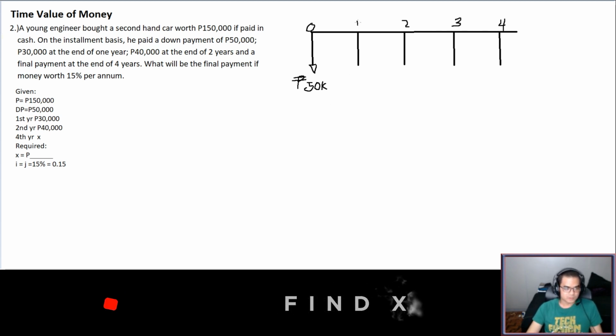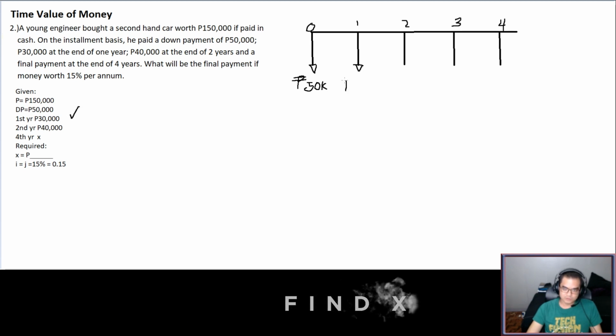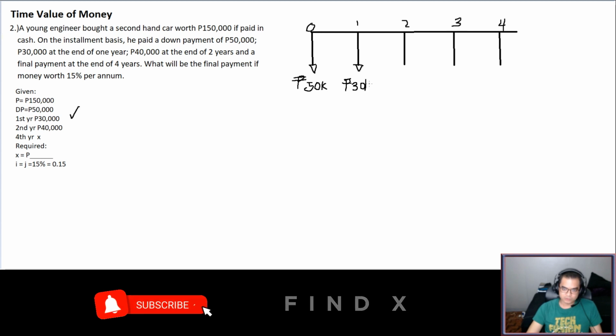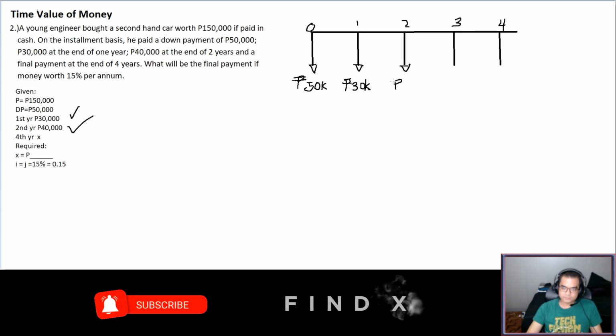Next, for the first year you'll be paying 30,000, or 30K. Then the second year is 40,000, or 40K.